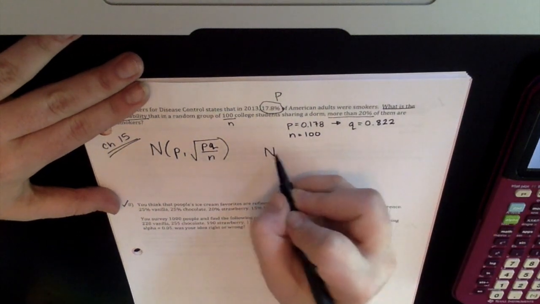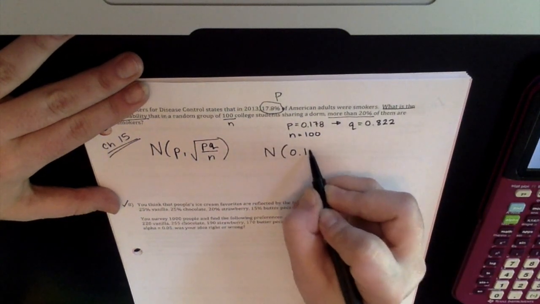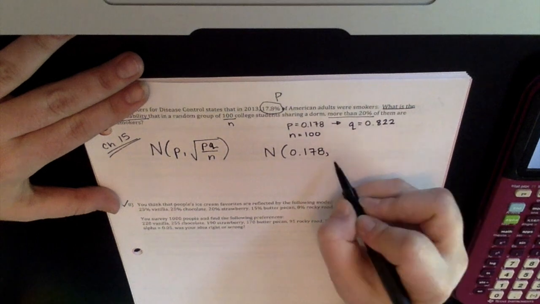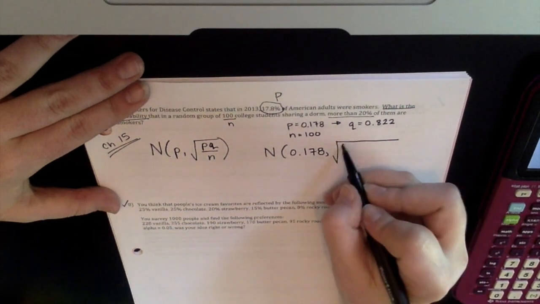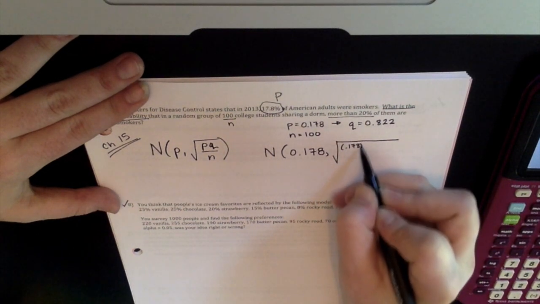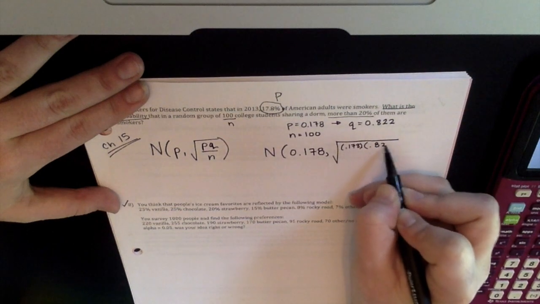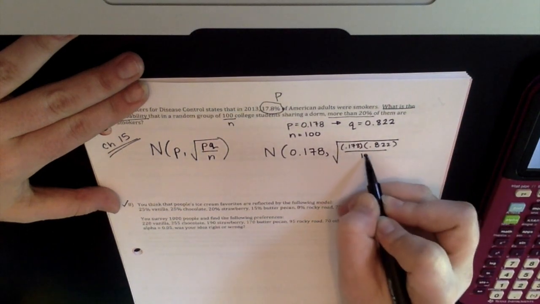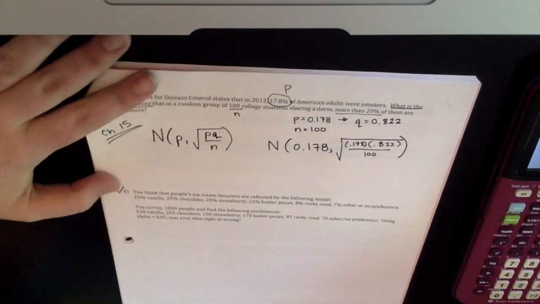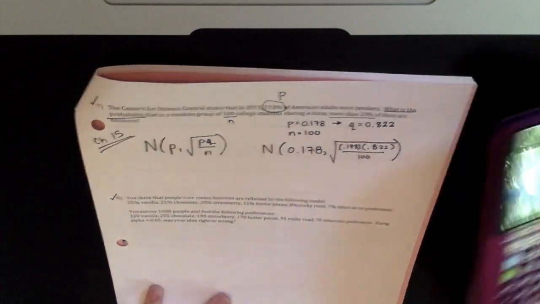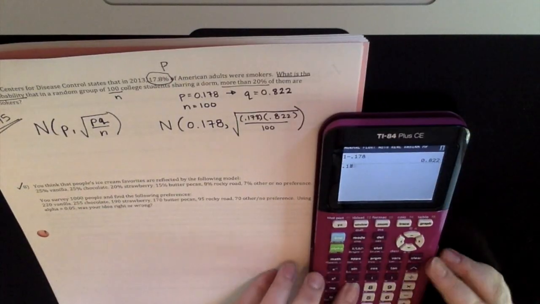So our sampling distribution has to come first, where the center is at P, and we have to compute the standard deviation. So we're going to do that work in here. Usually I do that in steps.